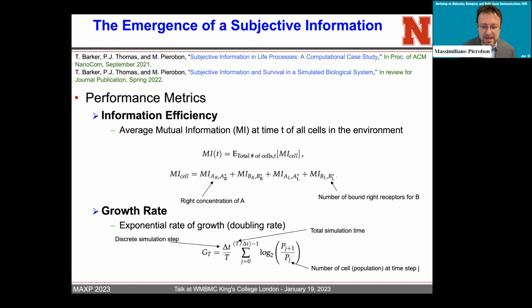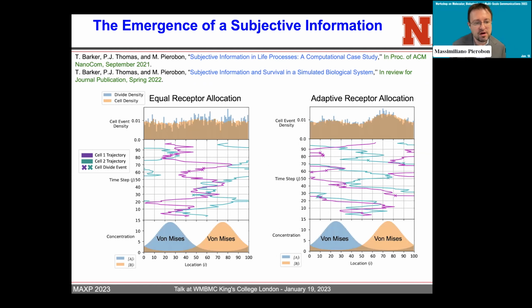The results have been actually surprising. What you see here is the 1D distribution of A and B. We follow a von Mises distribution, which is the distribution that supports the highest entropy in a closed and periodic environment, like the one we consider. And you see here the trajectory of two different cells.